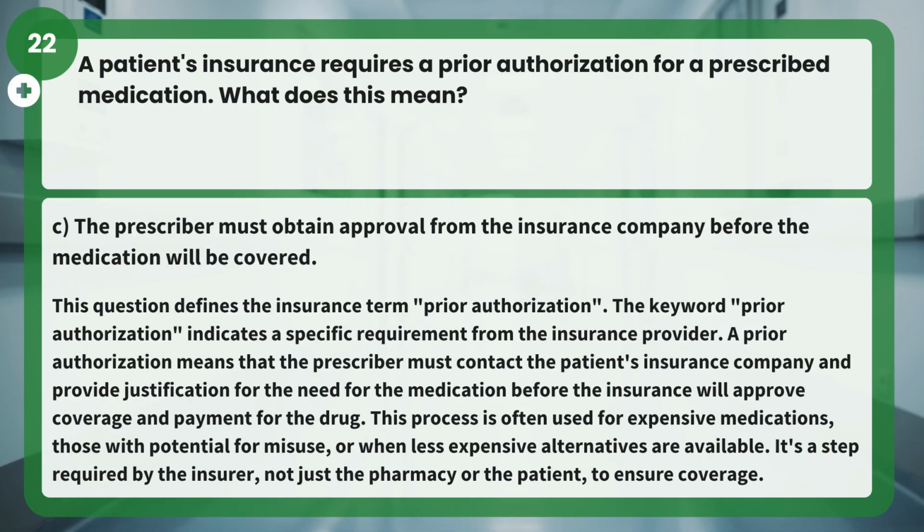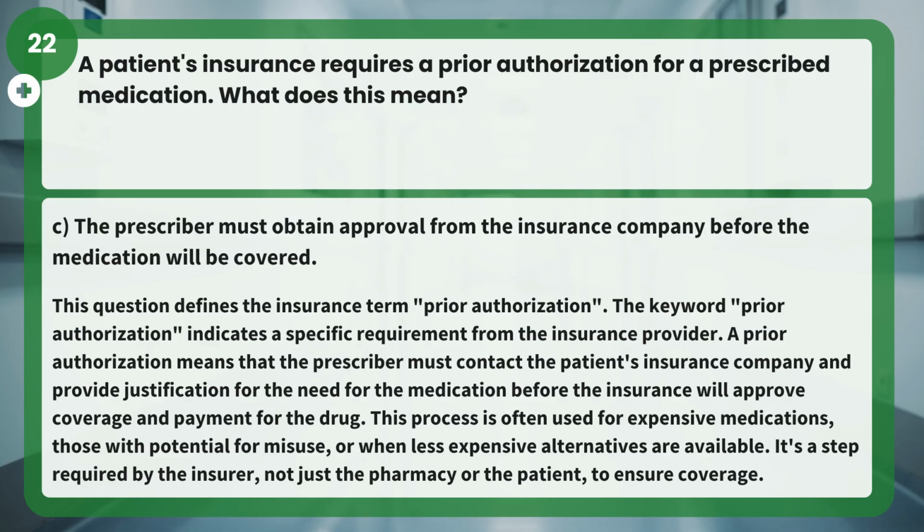Answer: C. The prescriber must obtain approval from the insurance company before the medication will be covered. This question defines the insurance term prior authorization. The keyword prior authorization indicates a specific requirement from the insurance provider.